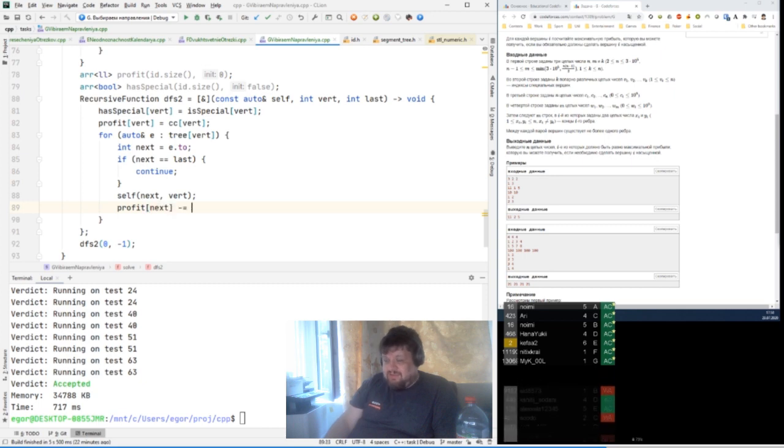This is the first DFS where we fill out profit and what we will later rename to special, because we want not only to see if there is a special vertex, but how many of them there are.